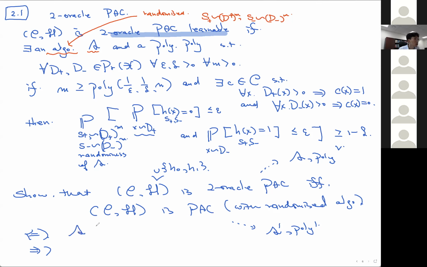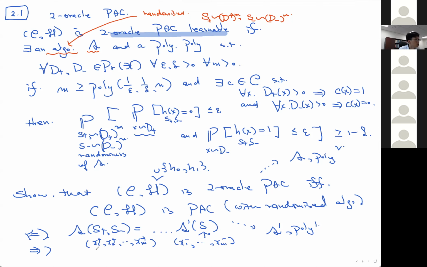So for one direction, you take S plus and S minus, and then you have to design a way to plug in some S. One way to do this is to construct S by sampling each of the elements from S plus or S minus at random. So there will be X1 plus, X2 plus, up to Xn plus, then X1 minus to Xn minus.